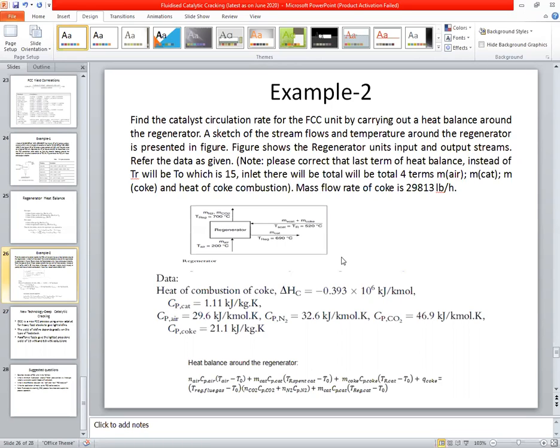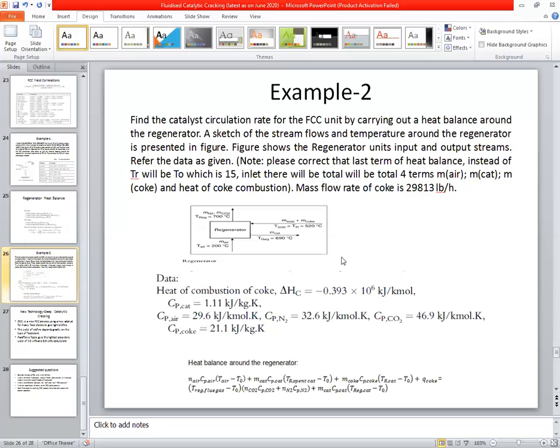The coke molecular weight is 12. Since all of this is in kilo, the molecular weight is 12 gram per mole, or 12 kilogram per kilomole. Am I right? Yes.